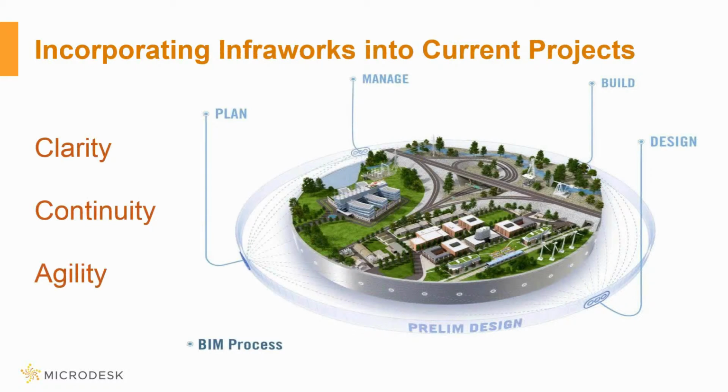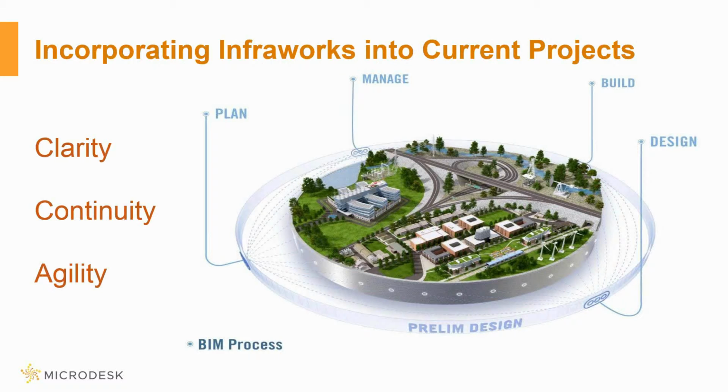Now, how to incorporate into current projects. There are just 3 value themes that we recognize when we're talking about BIM for infrastructure. And when you think about it, it's clarity, continuity, and agility. Okay, so clarity, as in using the intelligent model to gain a clearer understanding of the project, or using it to more clearly communicate a project.